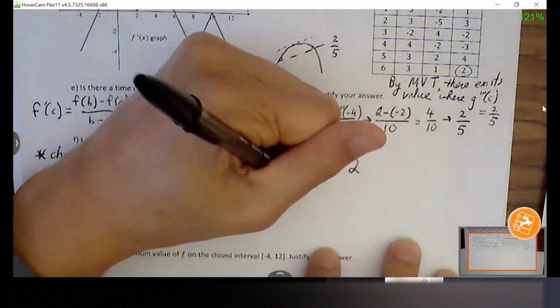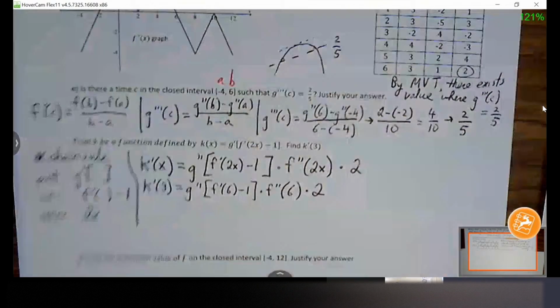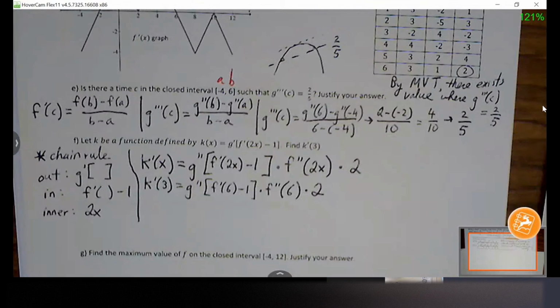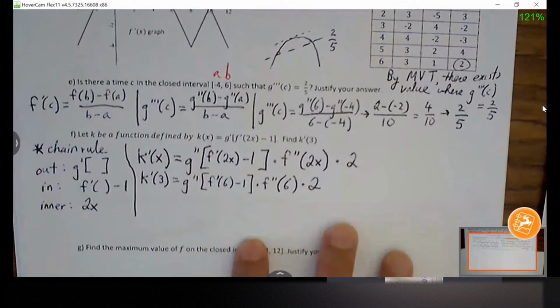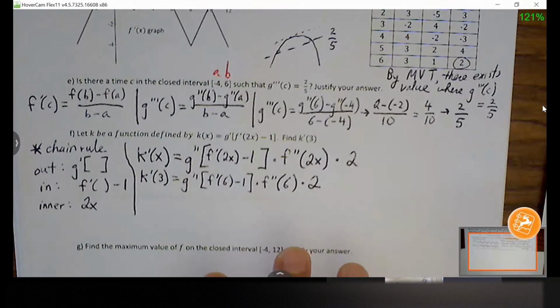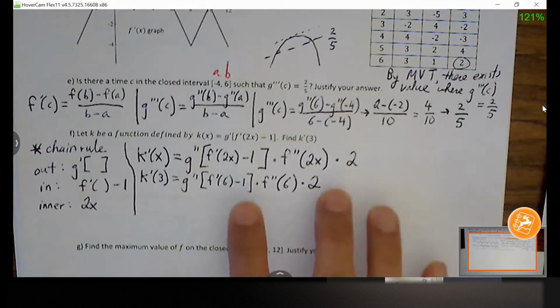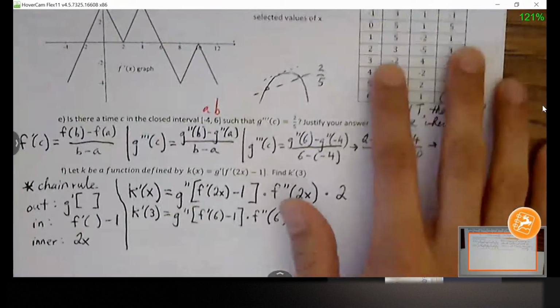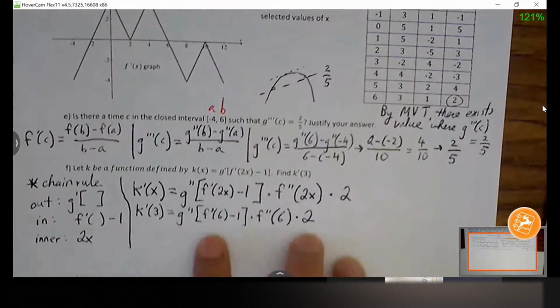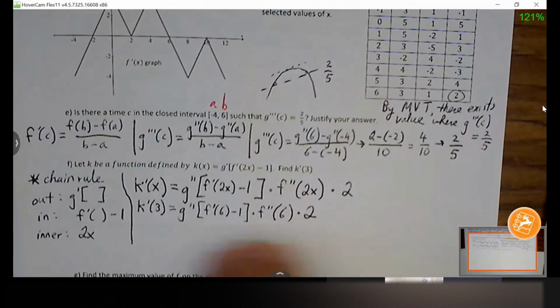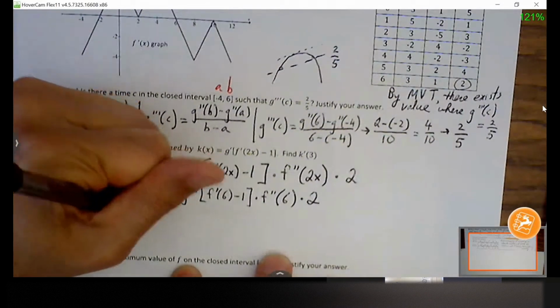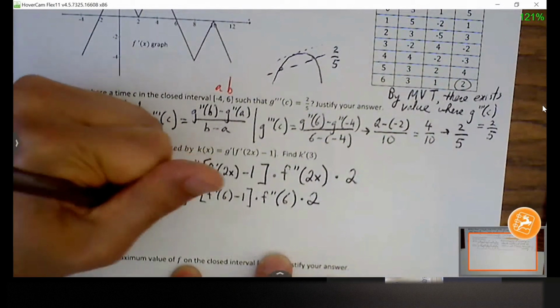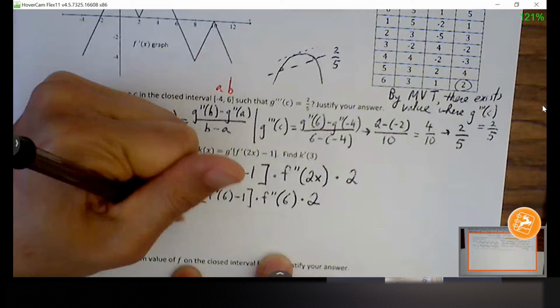Isn't the whole thing going to end up being 0 then? Oh, that's F double prime right there. Never mind. Yeah, if it had come out to be 0, I would have adjusted this. I didn't want this to be 0. I wanted it to end up being a number other than 0.